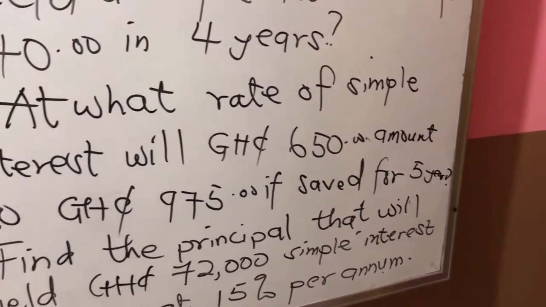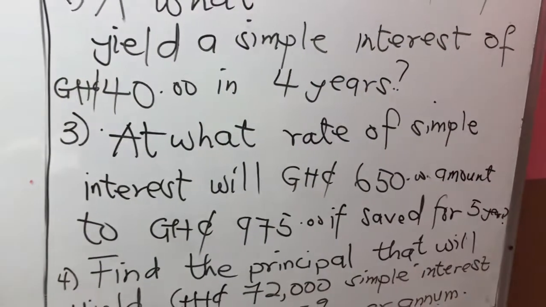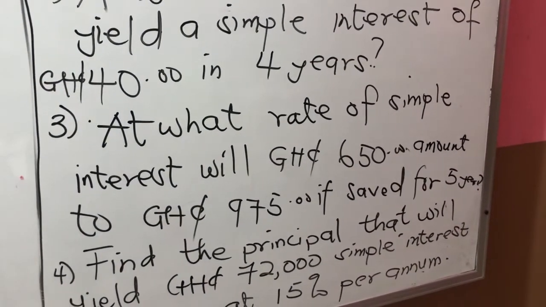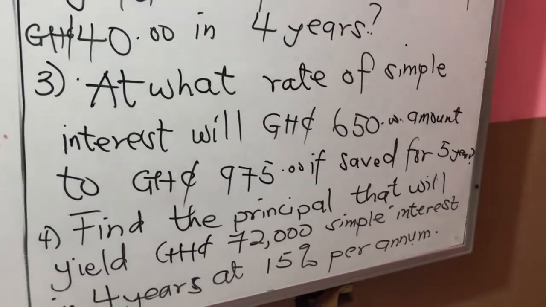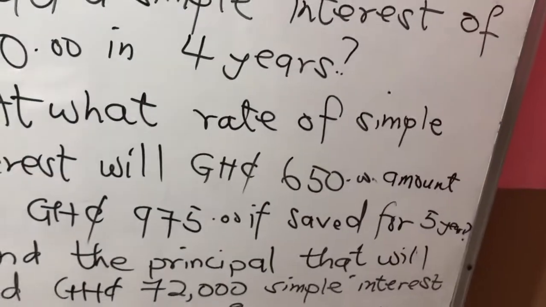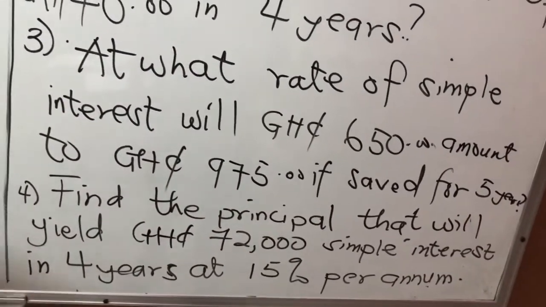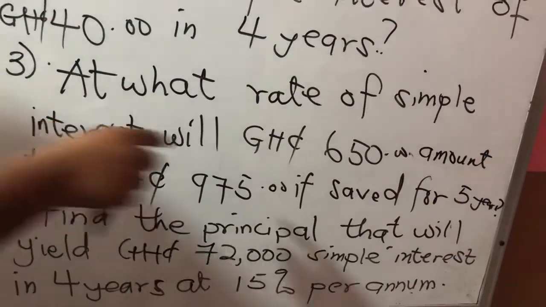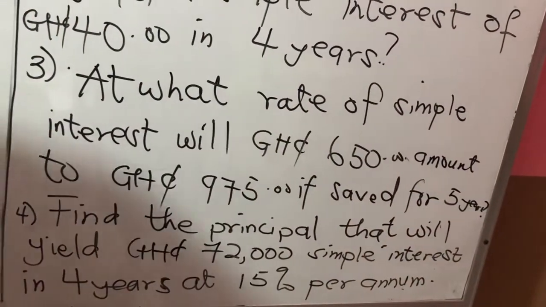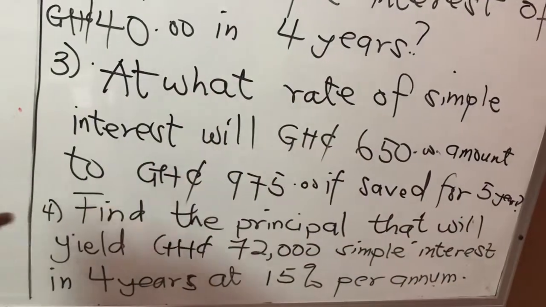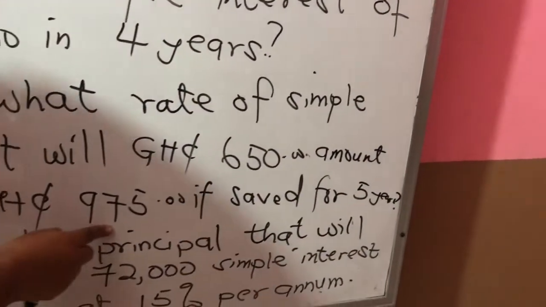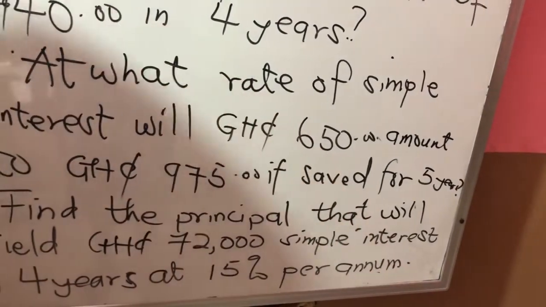Now, do you realize this question is tricky? How tricky is this question? They have not given you the simple interest in the question. You have to find the simple interest. Now, this is the principal. This is the money the person borrowed. And they are saying that at the end of 5 years, he got 975 Ghana cedis.